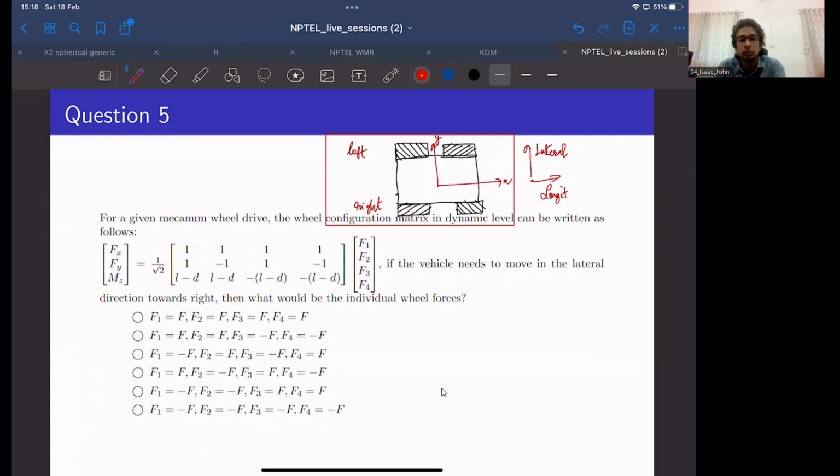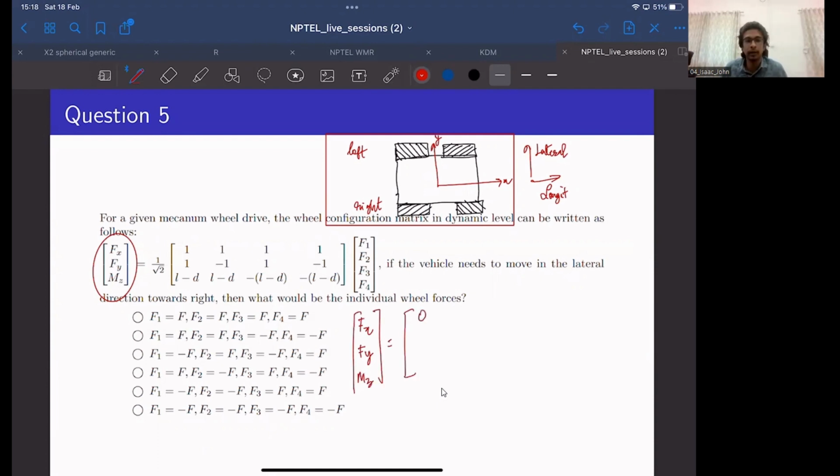If the robot is to move along a lateral direction, towards the right, it should look like this. The force vector should be of this form.